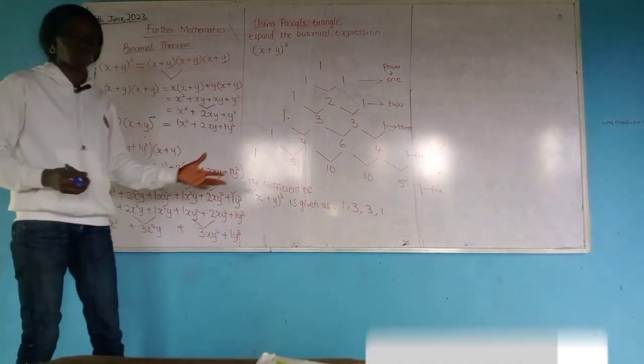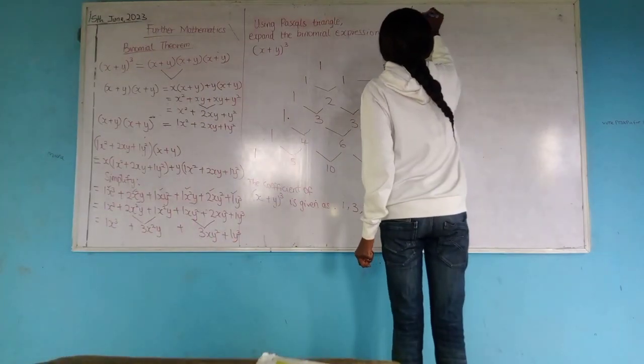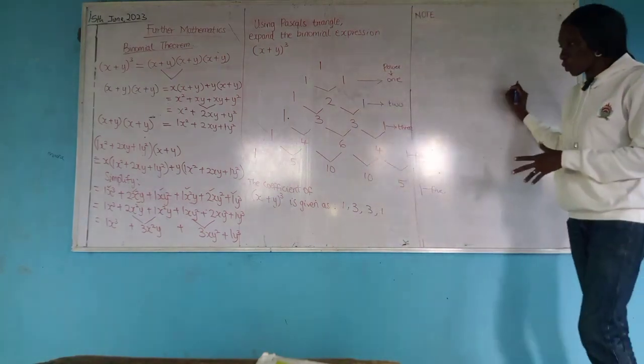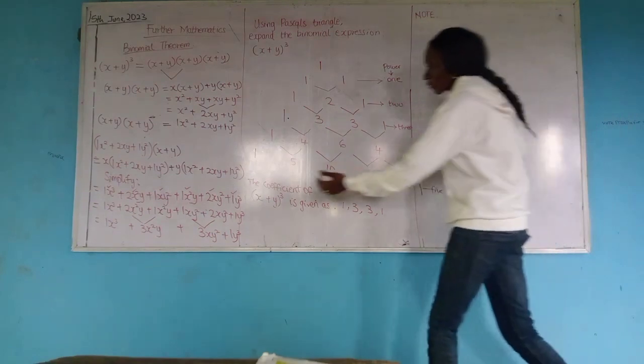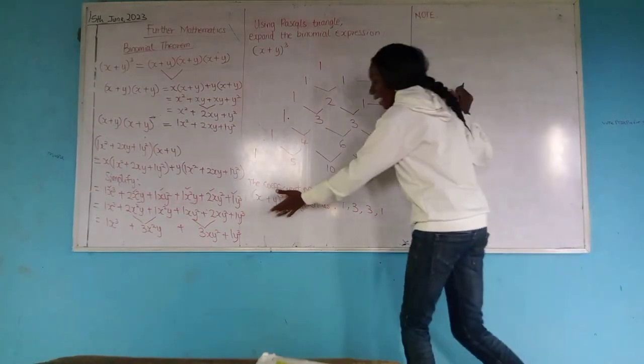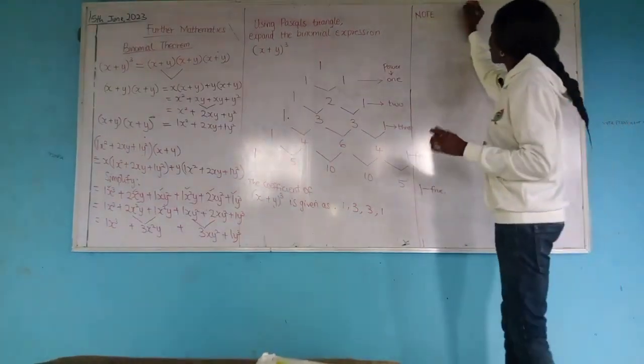Now let's see how this works. We are going to the expansion proper. Note, at this stage, while we are considering the expansion, what happens? While the power of x decreases, the power of y is going to be increasing. Now let's show how that works. So let me write this down.